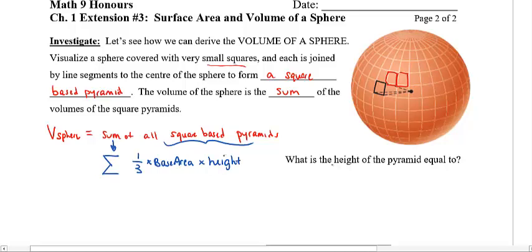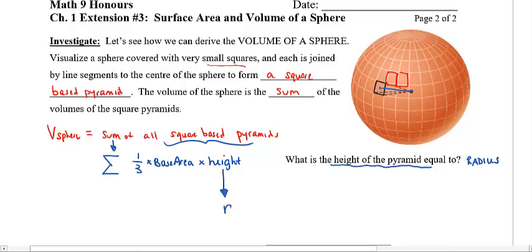Now, what is the height of the pyramid equal to? So, what is the height of each of these pyramids? If I'm connecting the edge there to the center of the sphere, that also has a special name. And if you said yes, it's the radius, you are correct. So the height here is actually the radius of the sphere.